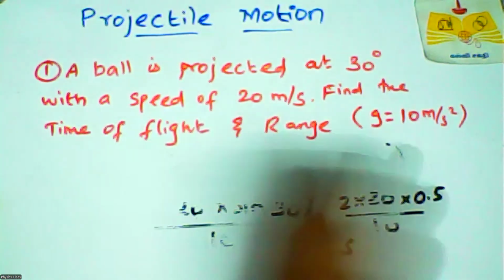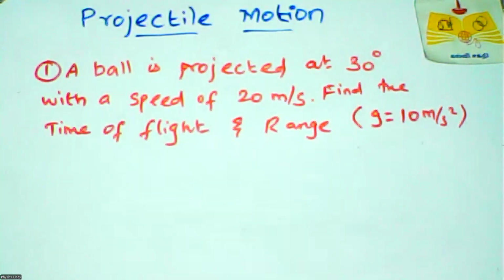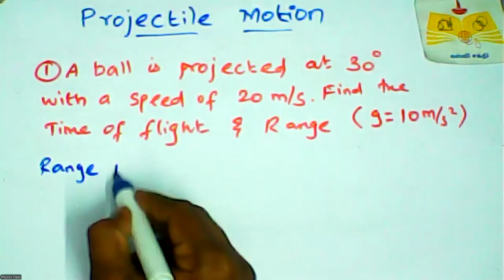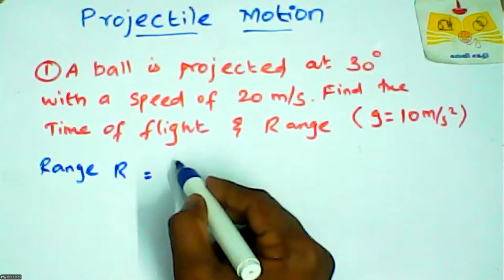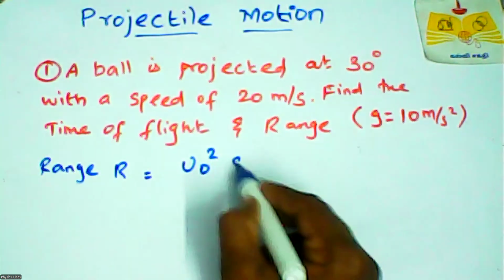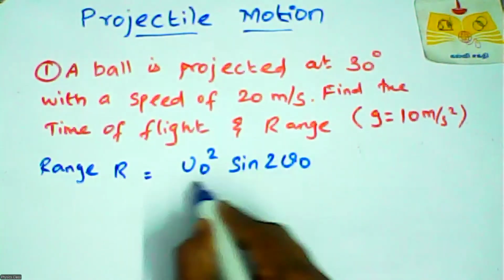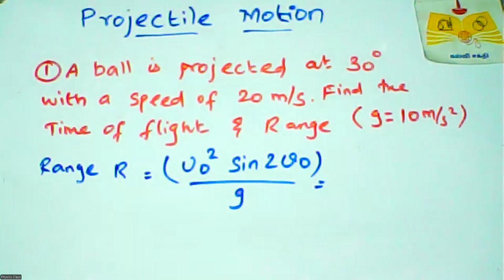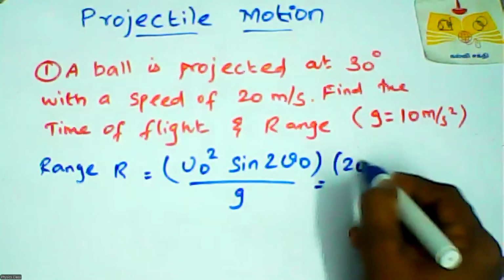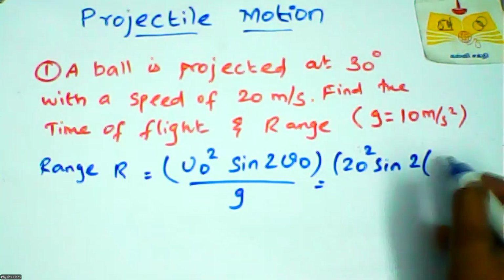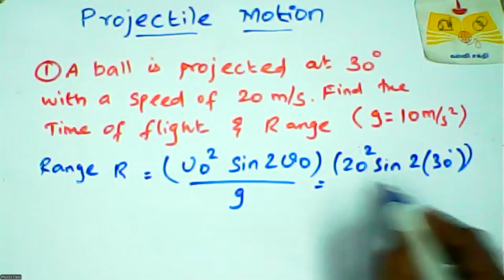Next, the range. Already we know the formula for range: V naught square sine 2 theta naught by g. So now we can put the values here. V naught square is 20 square, sine 2 theta with theta 30 degrees, by 10.